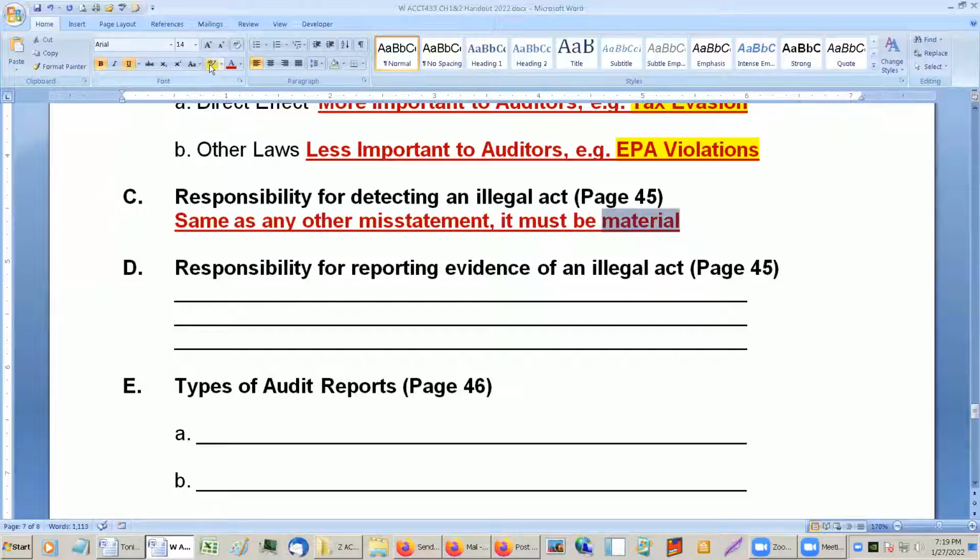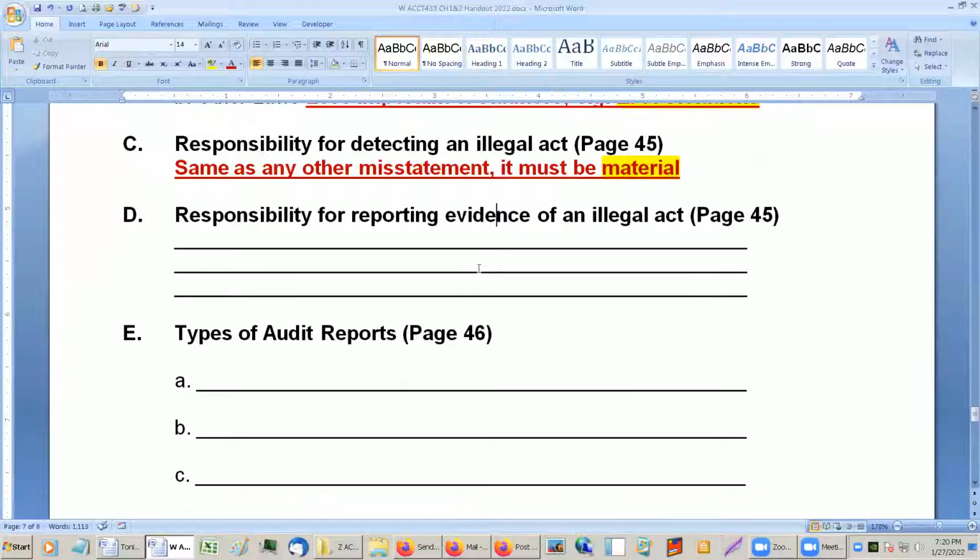And again, this whole thing about material comes into play. It must be material, or else we don't worry about it.